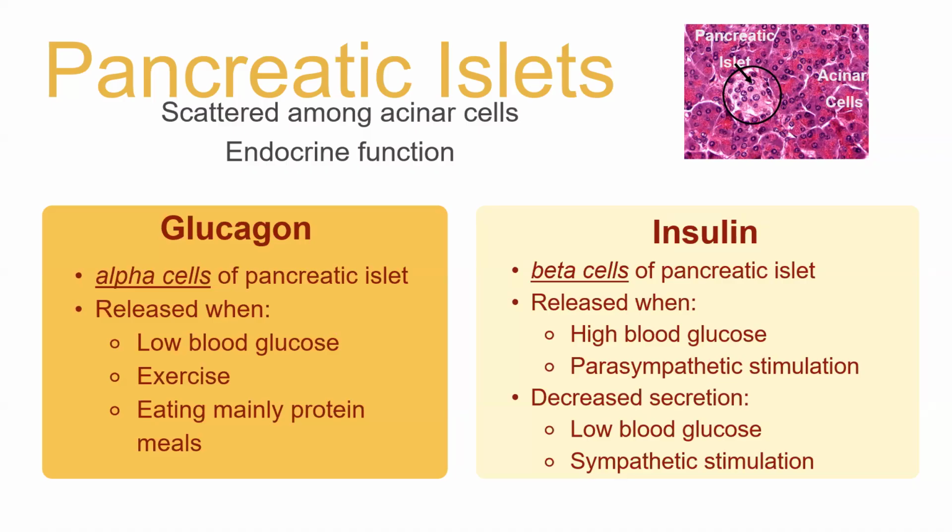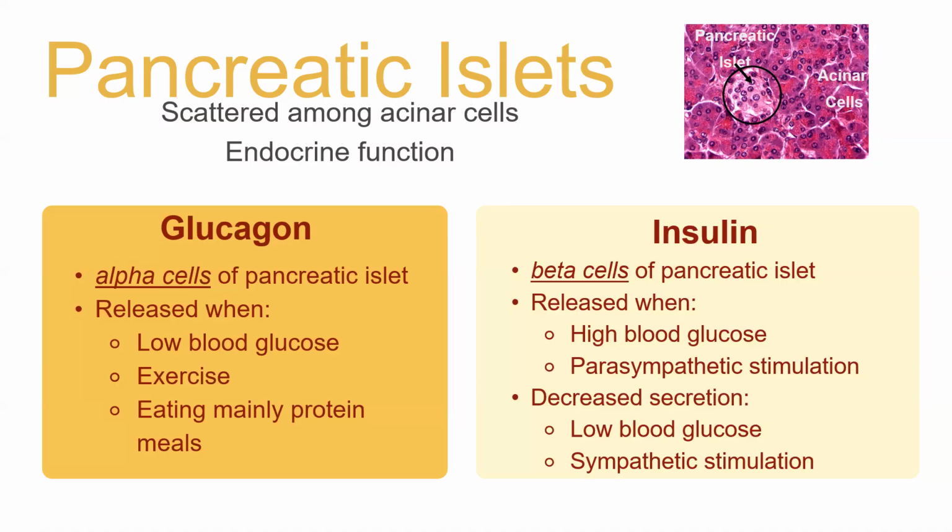Glucagon is going to be released when we have low blood glucose. It's going to happen when we are exercising because we need more glucose available. And it also is released when we eat a lot of protein meals because carbs can be used for quick energy or quickly broken down to glucose. It's relatively efficient for the body to break fats into glucose.